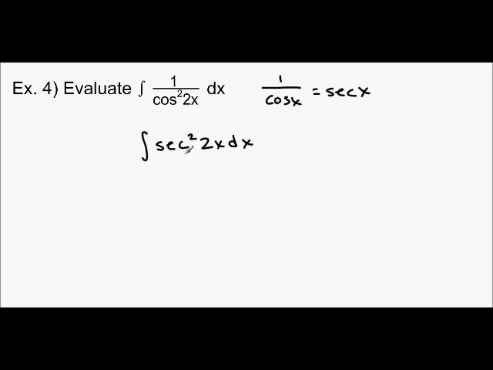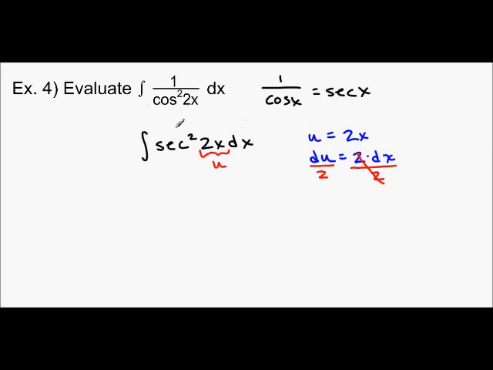So now that I know I can integrate secant squared, I just want to take care of that 2x. I'm going to make that my u here. So u equals 2x, which means that du is 2 times dx. Well, I don't have a 2 in my problem, so what will I do? I will divide by 2.